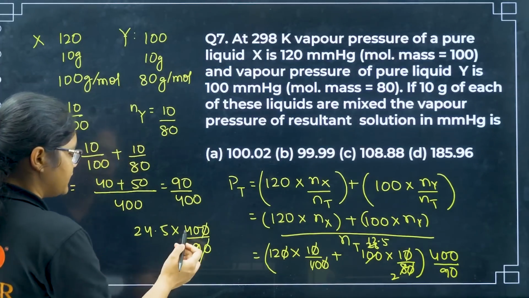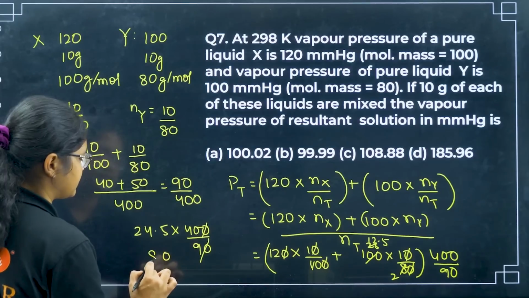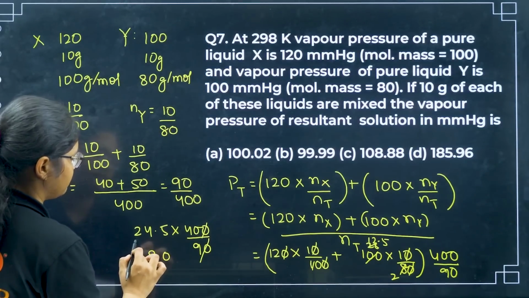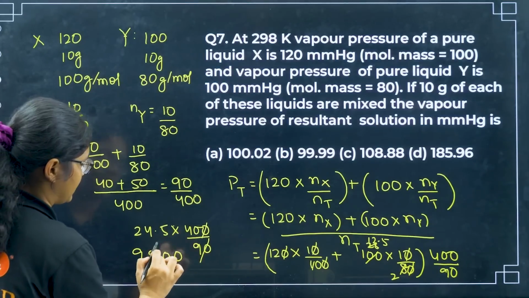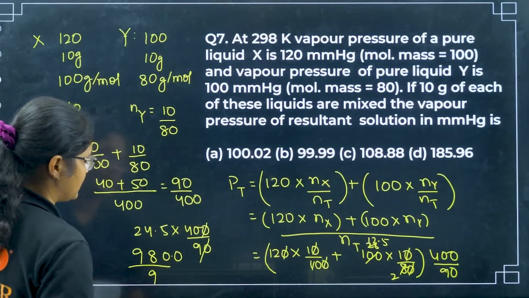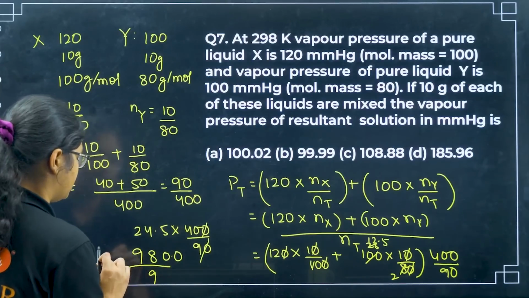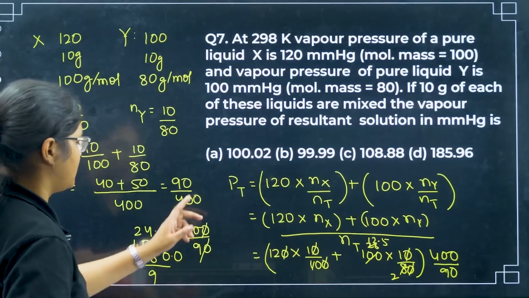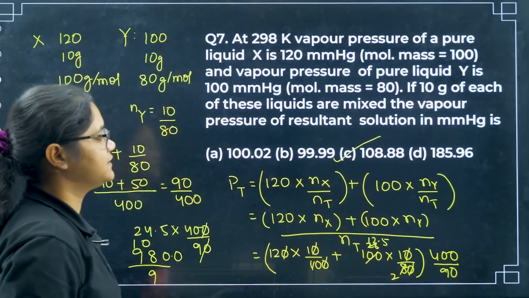Now multiplying, 4 5s are 20, 4 4s are 16, 17, 18, 4 2s are 8, plus 1, 9, then I have one more 0 here and I put 1 decimal. So 980 divided by 9. 9 1s are 9, then 9 0, so 1 0 will come, 100 will definitely not come, 108 is there, then option number C here.